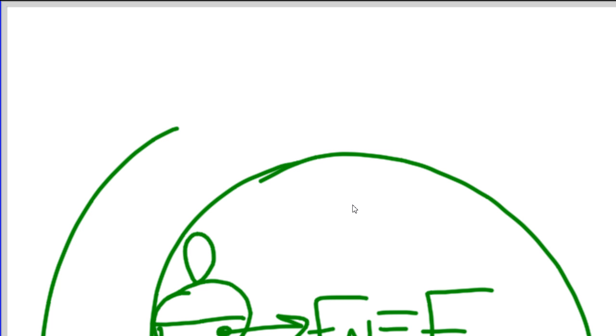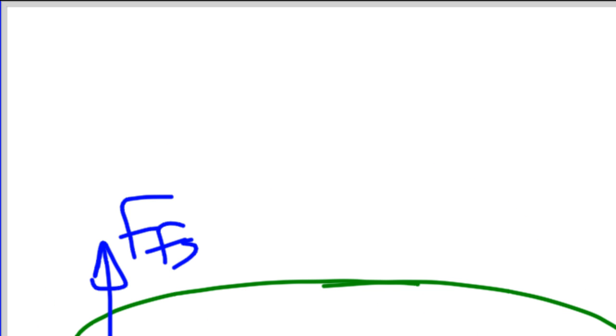Follow? So once again, in this problem, your up and down forces have to cancel, and your inward force provides your centripetal force. So you've still got the same equations that we had in that last problem. You're still going to know that my static friction is coefficient times normal force, and I still know that my centripetal force is mv squared over r, and I still know that my net force vertically has to be 0.